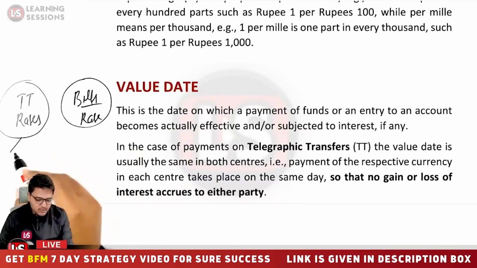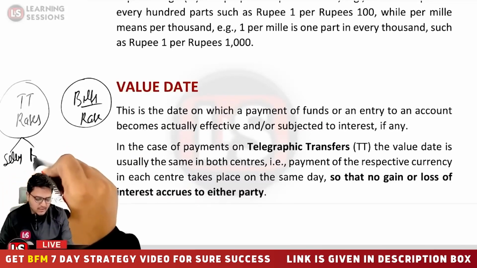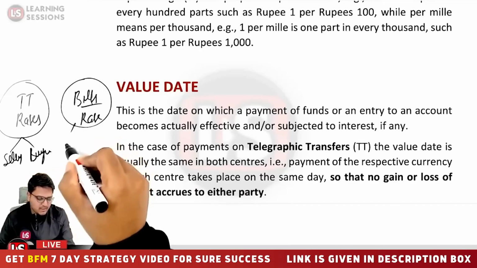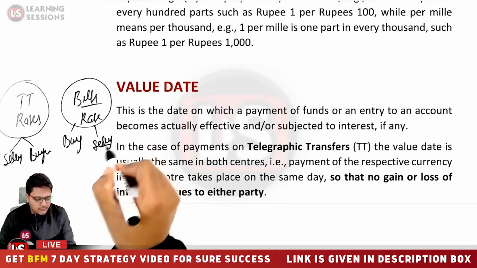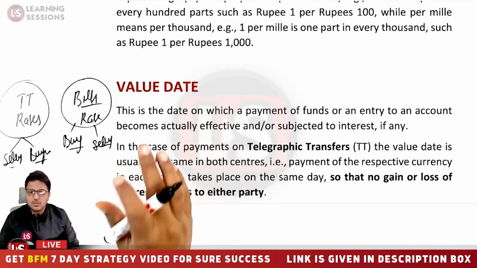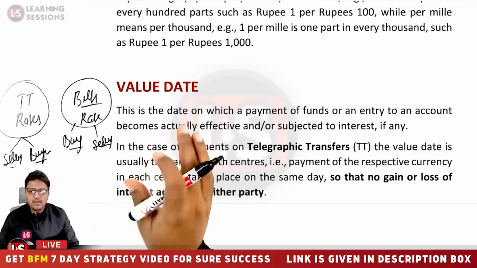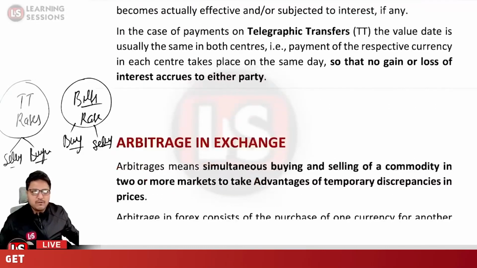Further, these are classified as the TT selling rate, TT buying rate, bills buying rate and bills selling rate. There are different scenarios where these rates would be applicable, but you must stick to the basics only, and based upon that we will be solving the numericals. So let's move further, and we will be using this concept very shortly.